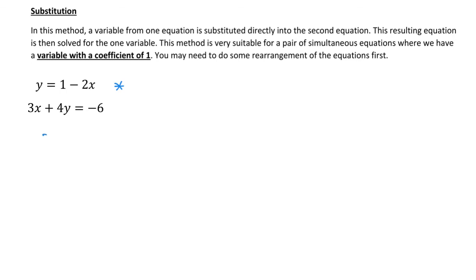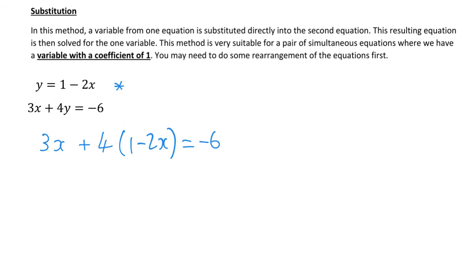So what that means is we'll have 3x plus 4. Now instead of writing y, we can write 1 minus 2x, because that is what y is equal to. And then that equation will equal minus 6.